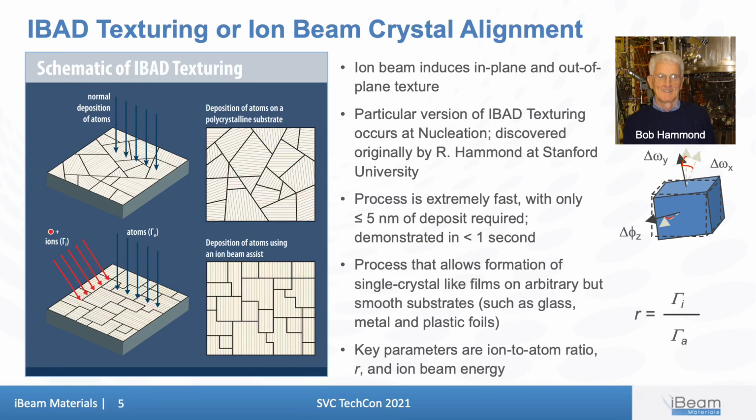We have demonstrated that the process can be done in less than 1 second. So one can flash the deposition with an ion beam very briefly and then move on to the next step in the deposition, making the process extremely high throughput and very low cost.